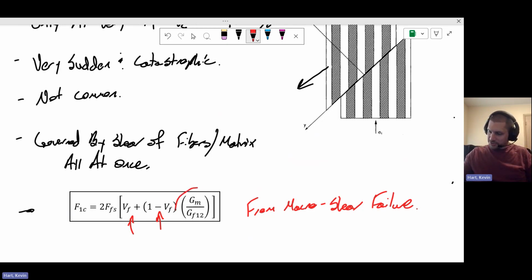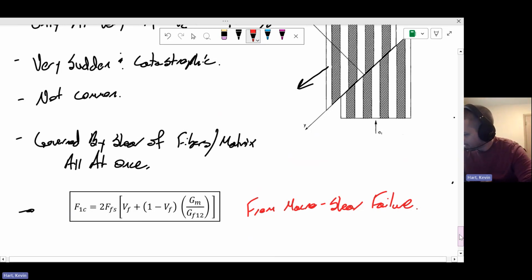And then this here is shear moduli of matrix and fibers themselves. So you've got this ratio here. A lot of this information is more or less coming from some rule of mixtures nonsense that gets played under this particular type of loading.